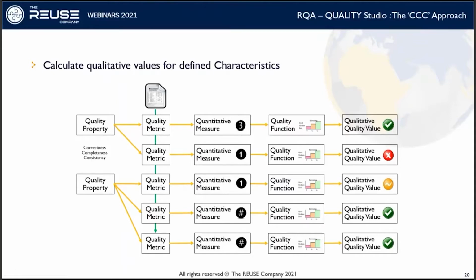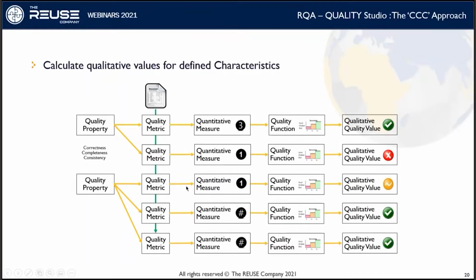I will give you some examples later. And in the end, this measure will give you a result, thanks to a function, and the function will be converted into a 3-level quality value: high, medium, or low quality. And in the end, one requirement will be assessed considering the total, let's say the total score of all the individual metrics.